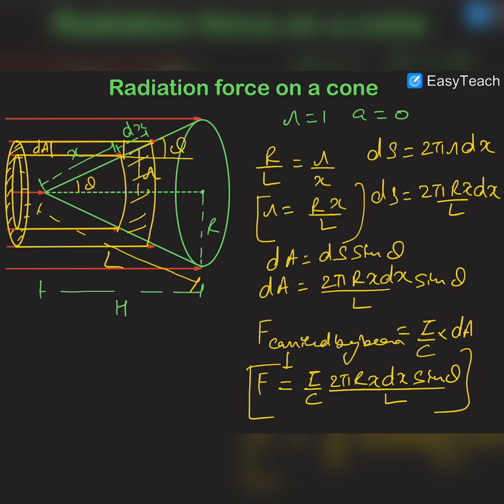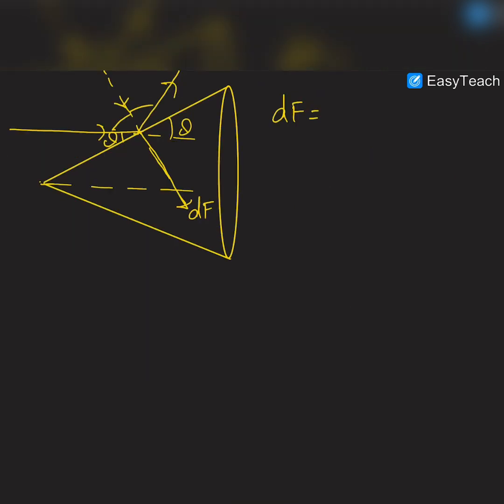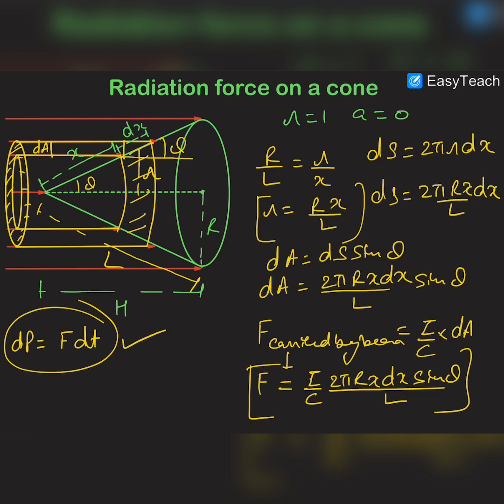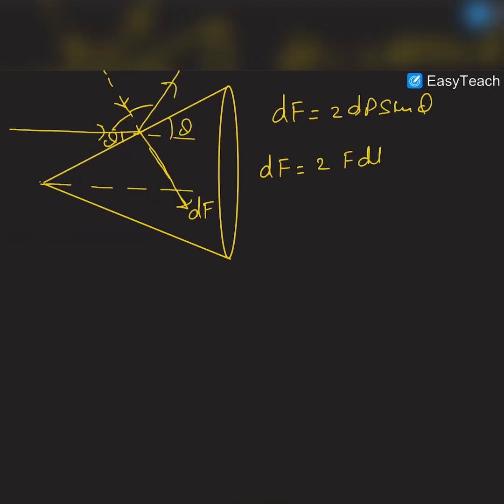What I am trying to say is that the change in momentum dP is F dt in this direction, but it is reflected, so the change in momentum will be equal to 2 dP sine theta, and dF will be equal to 2 dP, which is F dt, so F dt sine theta. This is the net change in momentum.